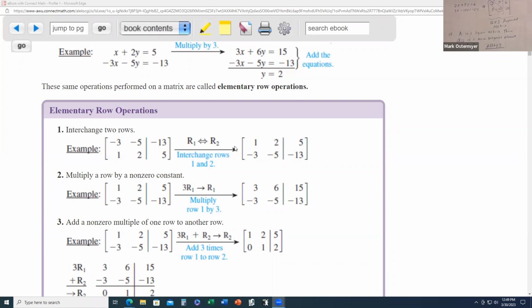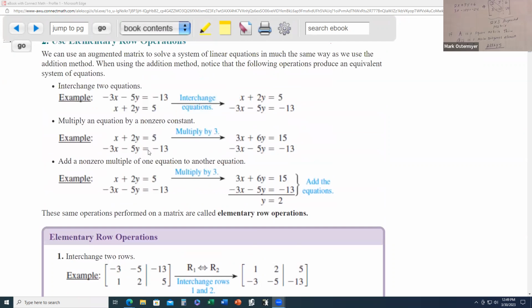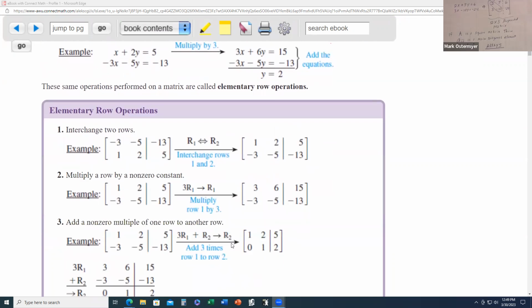A second valid elementary row operation. Up here, we've seen where we can multiply an equation by a non-zero constant and still have an equivalent equation, hence an equivalent system. Well, that translates into our second elementary row operation, which says I can always multiply any row of a matrix by a non-zero constant. Now, notice the notation up here, R1 and R2 with this bidirectional arrow in between them says that you're interchanging rows 1 and 2.